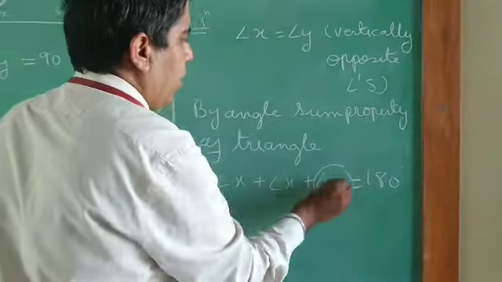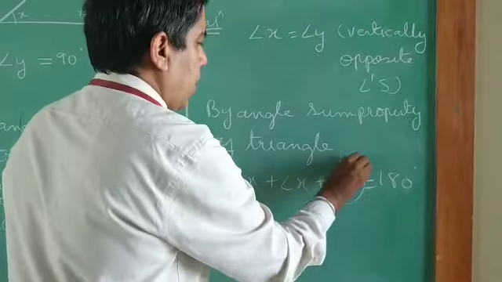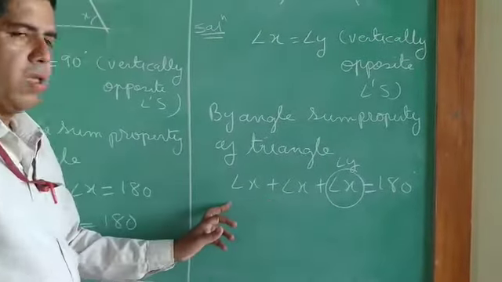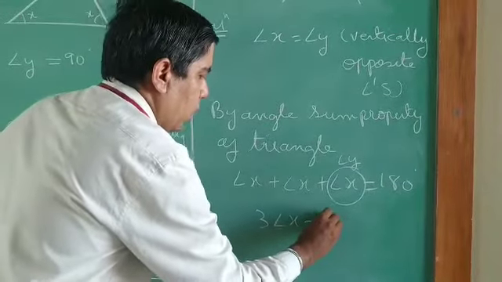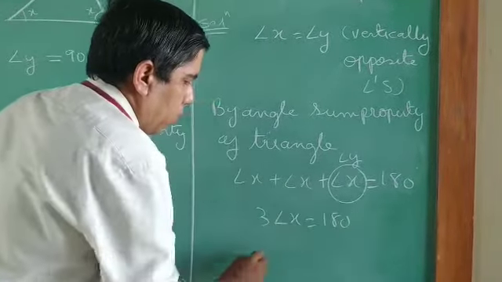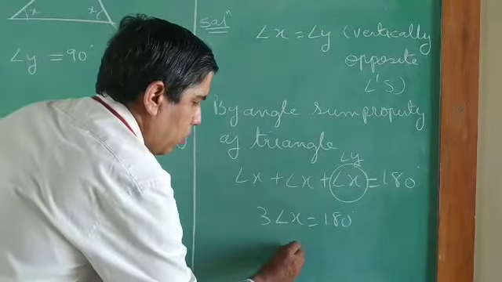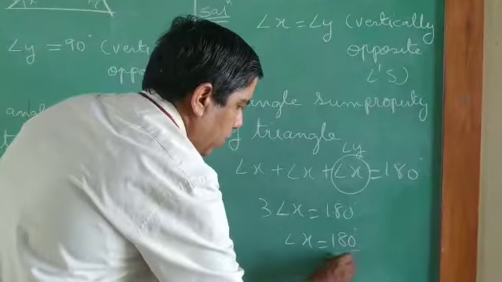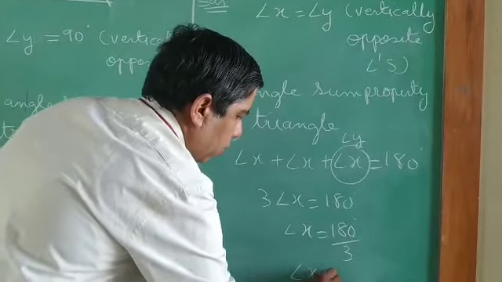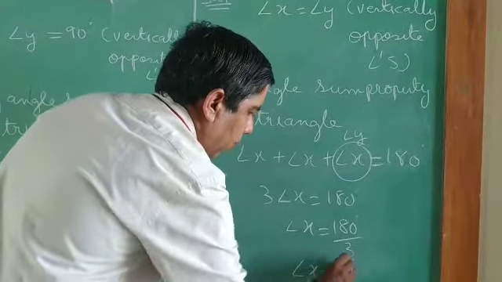Actually here instead of x it is given y, but I kept the value directly, you can see easily. So it becomes 3 times angle x equal to 180 degrees. So it becomes how much? Angle x equal to 180 by 3, therefore angle x equal to 60 degrees.